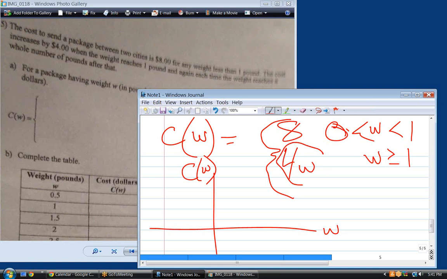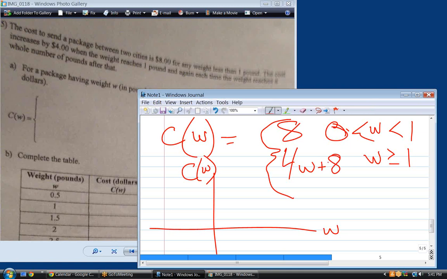So that's not enough function. We need more, because we know the cost is not going to be $8 for 2 pounds. It's $8 for 1 pound. So what do they mean here? The cost increases by $4 per pound when it reaches 1, but it started with 8, so it must be that. In other words, now when the weight is 1, the cost is 12.